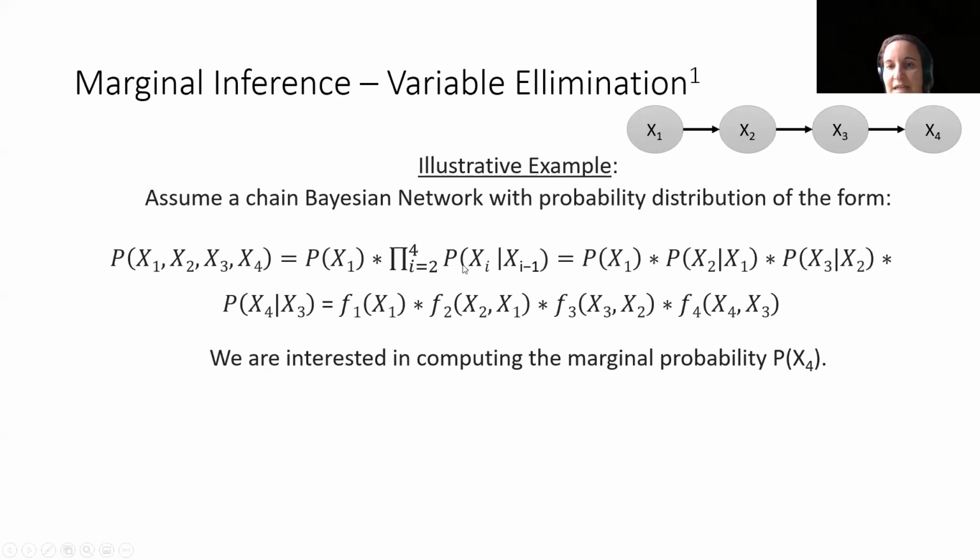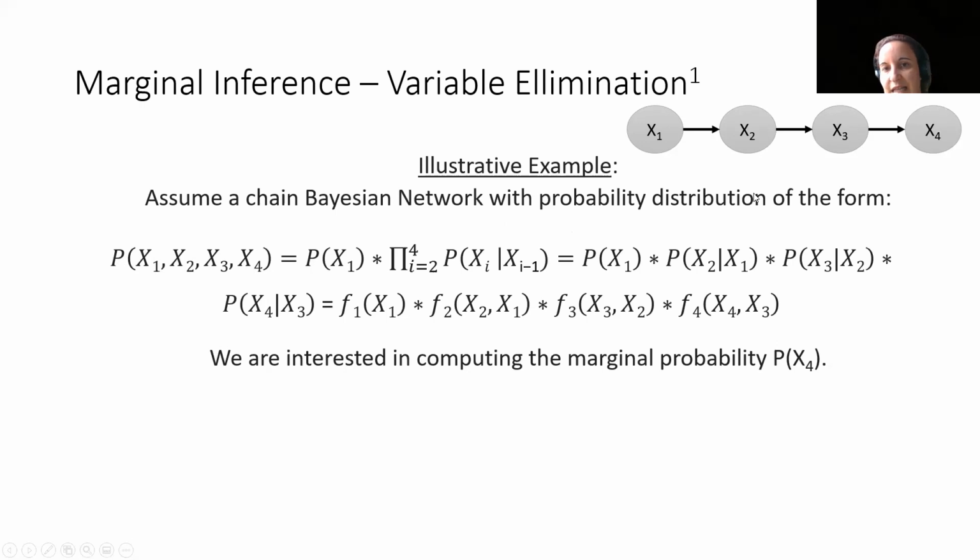In this case, as we said in the previous tutorial, from the graph we know how we can divide this probability distribution into different factors. The probability distribution here is the joint probability distribution, that means the probability distribution of all the variables. So the joint probability is the probability distribution of x1, x2, x3, and x4.